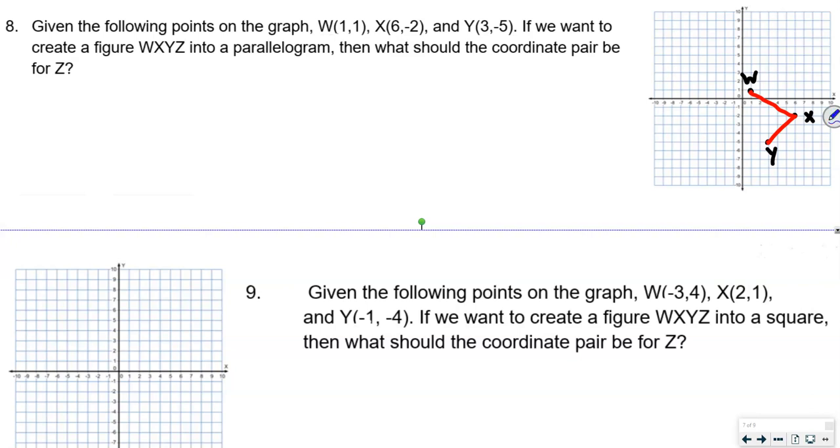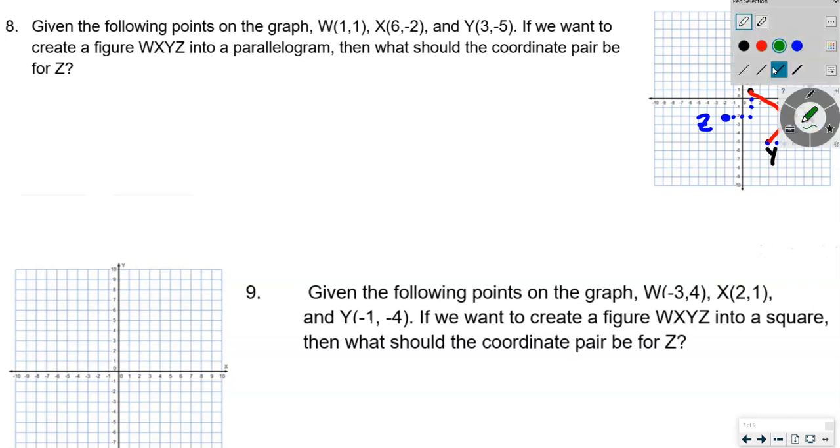So I'm going to go from X to Y, 1, 2, 3 down, 1, 2, 3 left. So if I do that, I'm going to do the same thing from W. So I'm going to go 1, 2, 3 down, 1, 2, 3 left. Oh, I went 4, sorry, 3. So that's right there. That's where I think Z is, and I'm going to verify that by using the other line as well, okay?